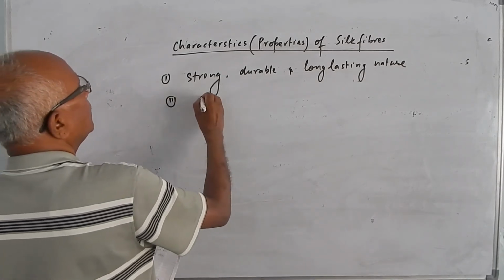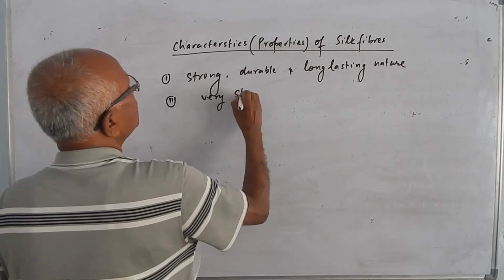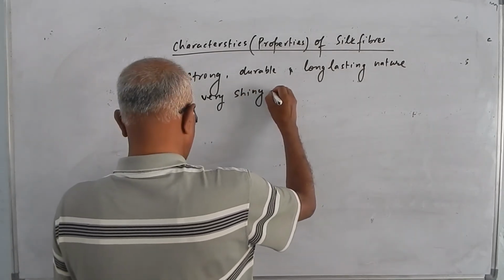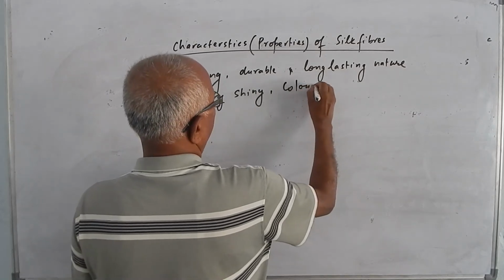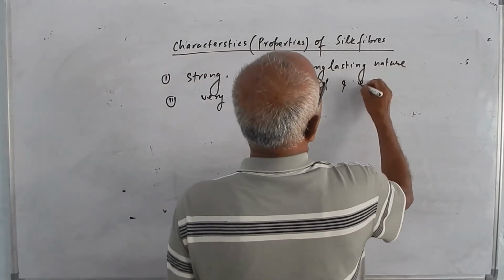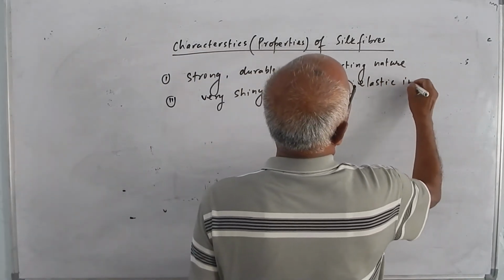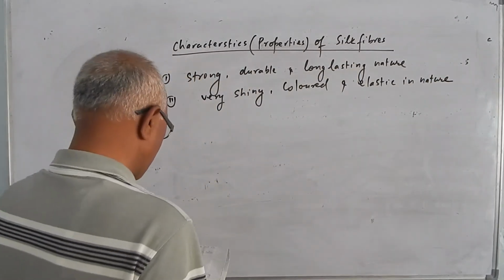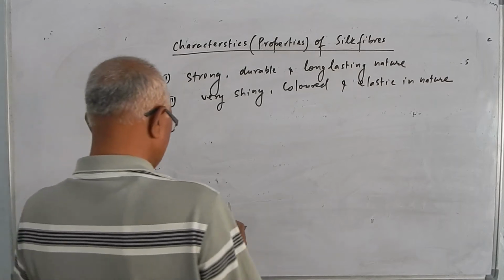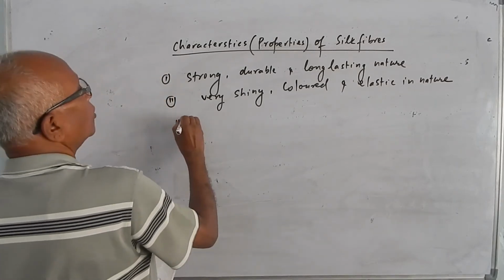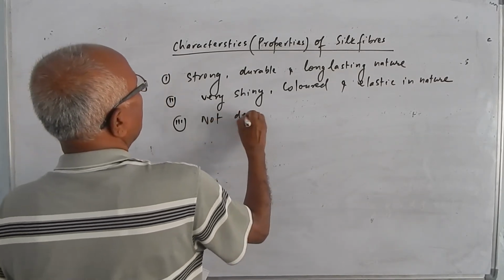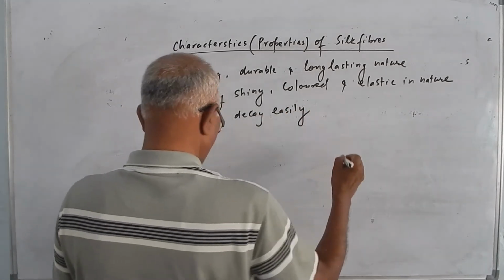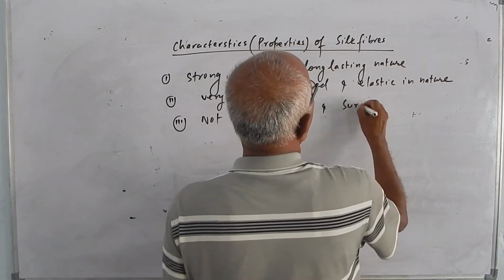Another is the very shiny, colored and elastic in nature. Shiny, colored and elastic in nature, not decay easily and surgical stitching.